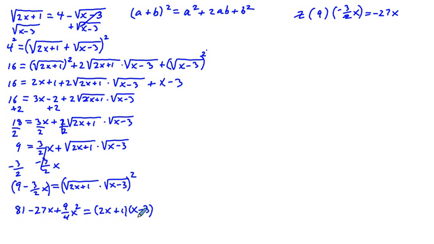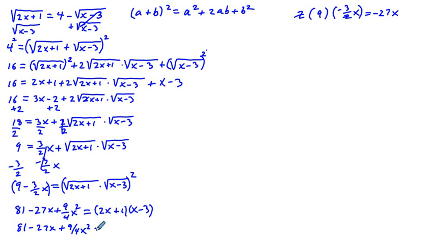Okay, let's go ahead here. I'm just going to write down the left side: 81 minus 27x plus 9/4 x squared.